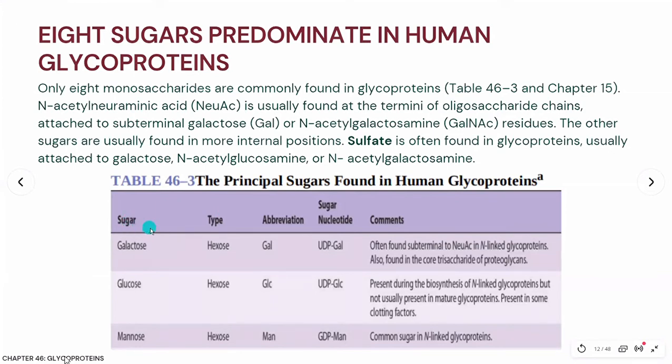The sugar, the abbreviation of the sugar, and then the carrier nucleotide, and you have comments here. Galactose is a hexose, abbreviation Gal. Carrier is uridine diphosphate, UDP-galactose.